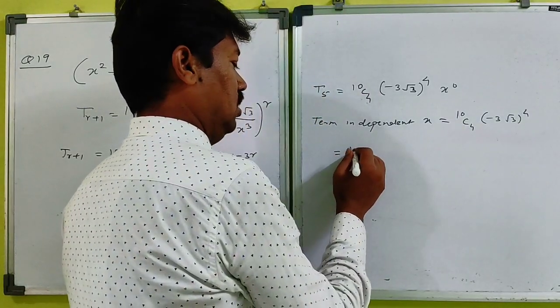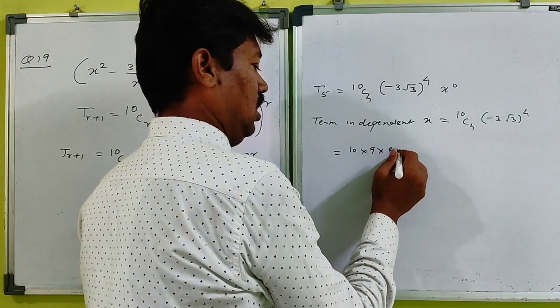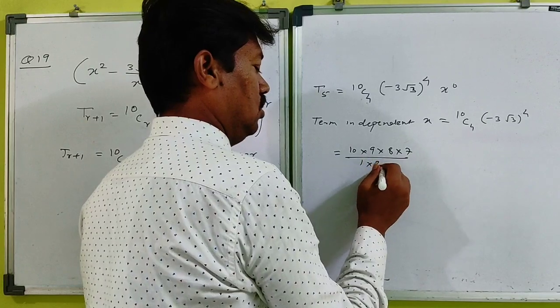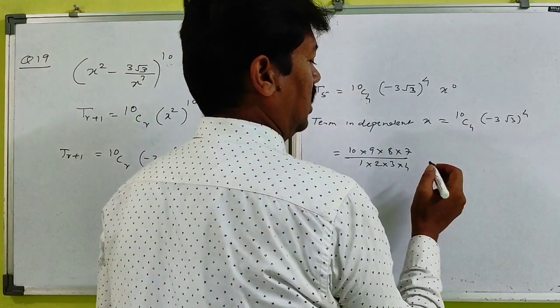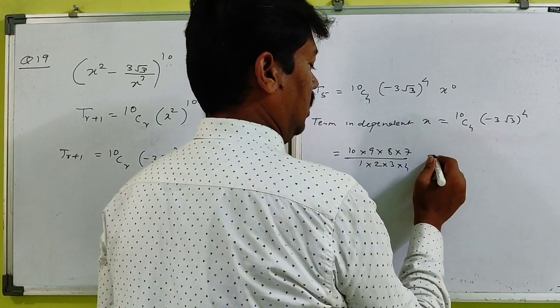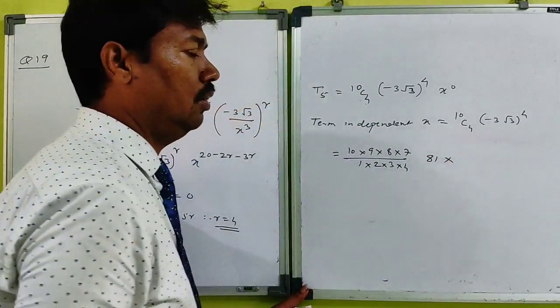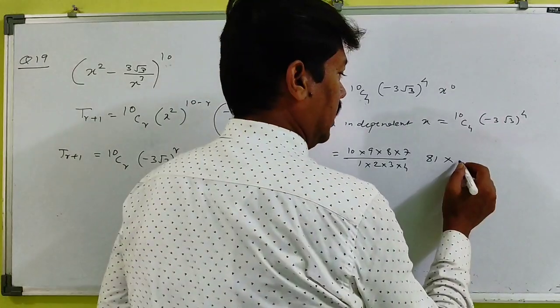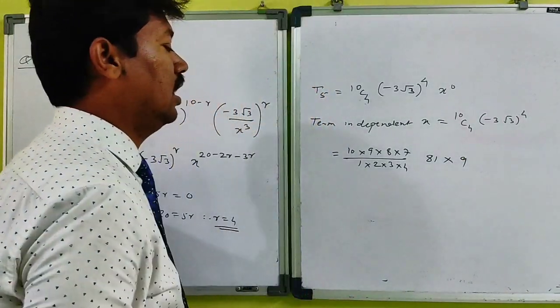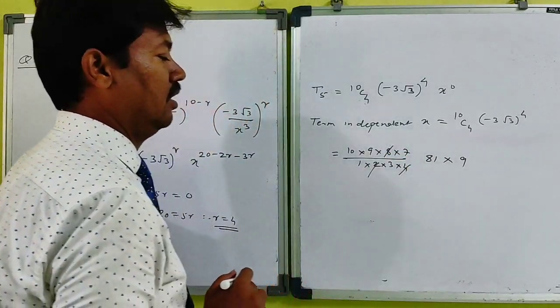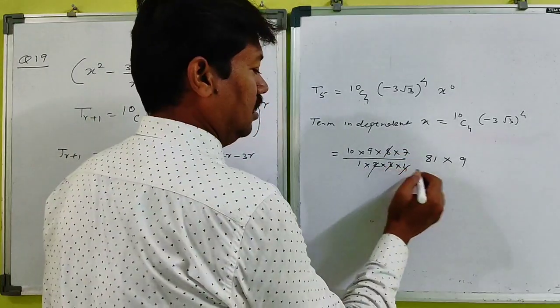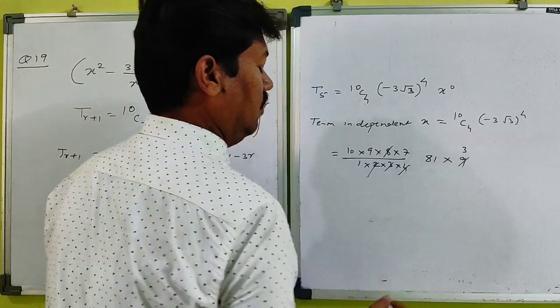So 10C4 is 10 into 9 into 8 into 7 over 1, 2, 3, 4. And this is 3 raised to 4, that is 81, into root 3 raised to 4, that is 9. So now this 2 into 4 cancels with this 8, and then this 3 cancels with this, it becomes 3.